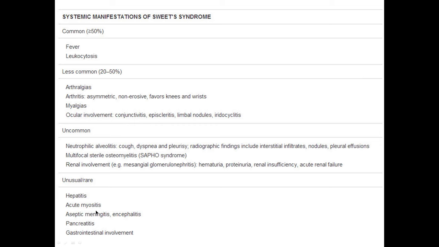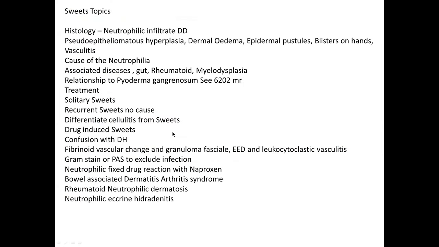And then these rare ones of hepatitis, acute myositis, aseptic meningitis, pancreatitis, and GI involvement. So I think we've got to think of Sweet's in terms of the systemic disease that it actually is. I haven't gone into aspects of treatment. Essentially, it's all about steroids, but drugs such as dapsone and colchicine can also be used. Thank you very much.